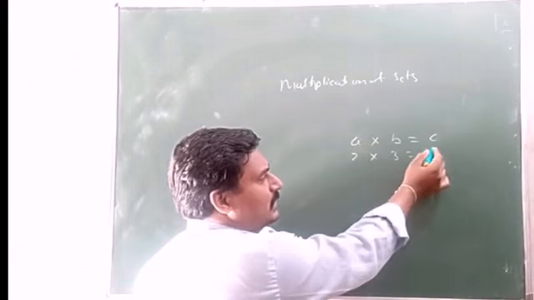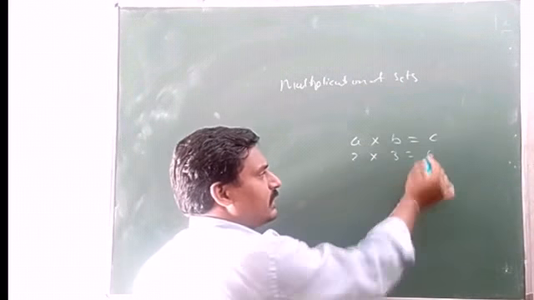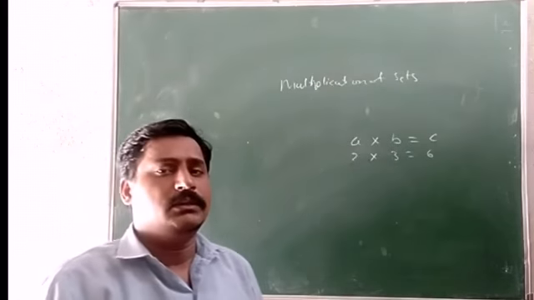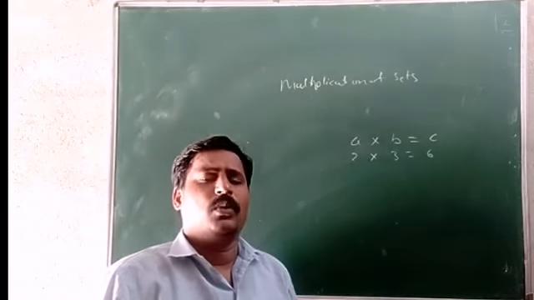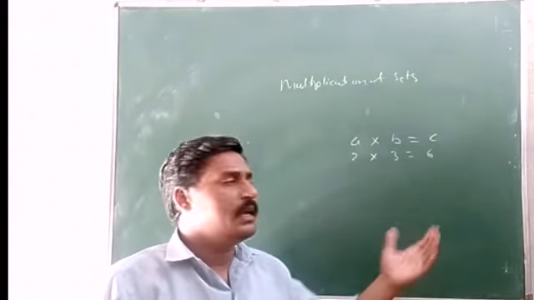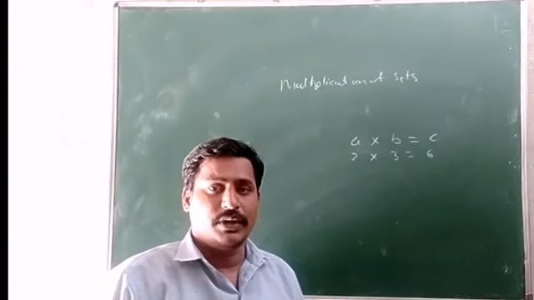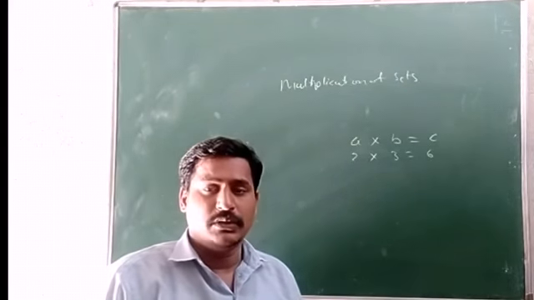Then the value of C is 2 into 3, which is 6. 2 into 3 is equal to 6, 4 into 5 is equal to 20, 2 into 5 is equal to 10.